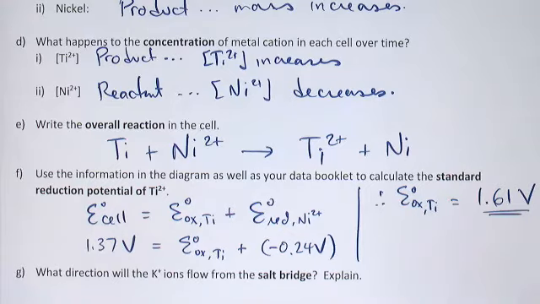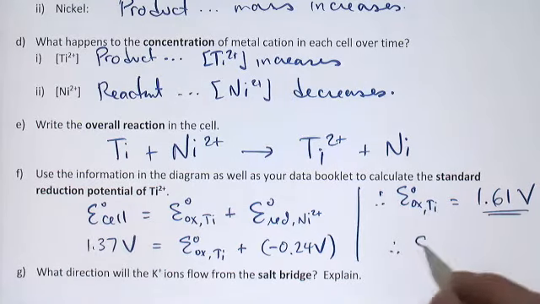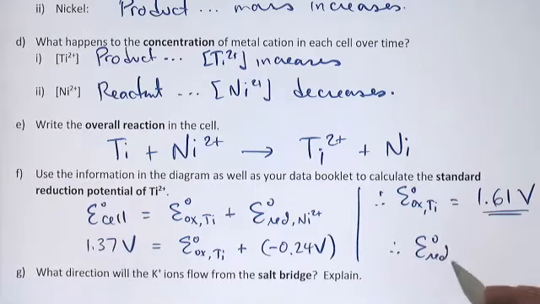But wait, we didn't want the oxidation potential. We wanted the reduction potential for titanium 2 plus. So therefore, the reduction potential for titanium 2 plus would equal negative 1.61 volts.